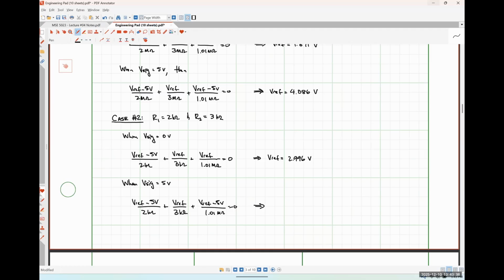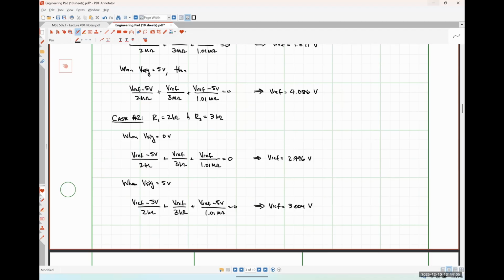Solving this, we'll get Vref is equal to 3.004 volts. So again, not exactly 3, but really, really close. So it looks like the smaller that we make those resistors, the less that our reference voltage will drift.